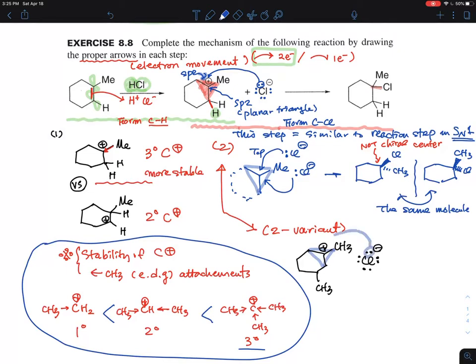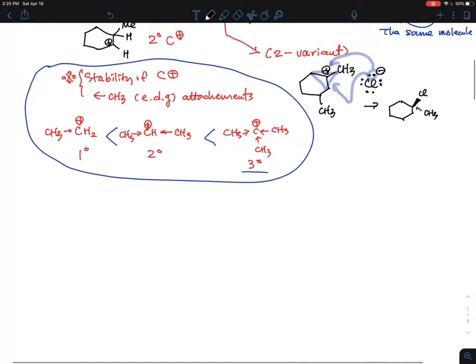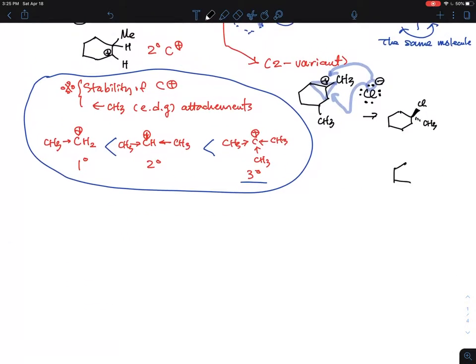This one can go to the top, or they can go from the bottom to make a new C-Cl bond. In this case, the one going from the top, so chlorine here, that's methyl, and then the one at the bottom, which is methyl goes up, and the chlorine is coming from the bottom.